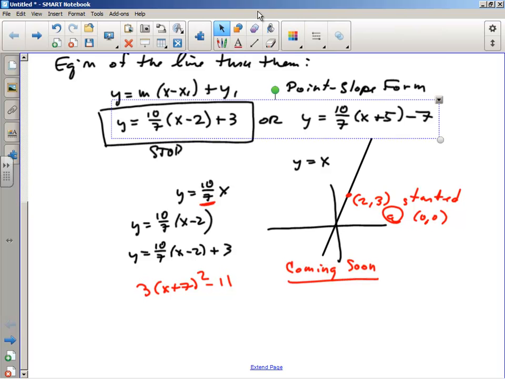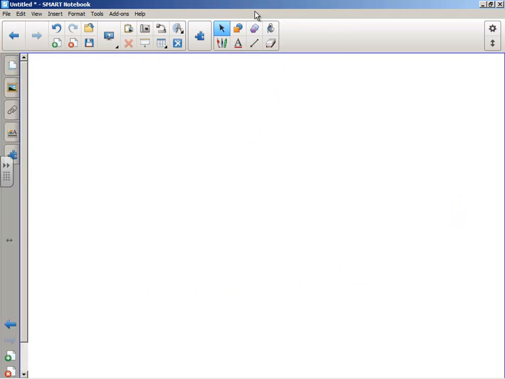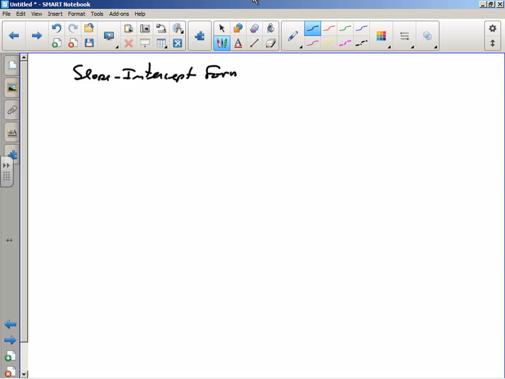So if I asked you for, and the book does on the 1.3 homework, if I asked you for the slope-intercept form, that's y equals mx plus b.